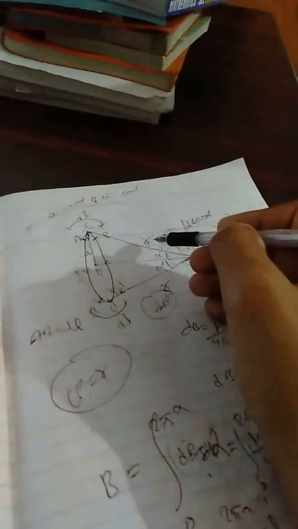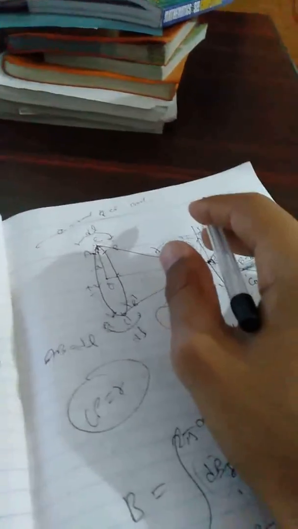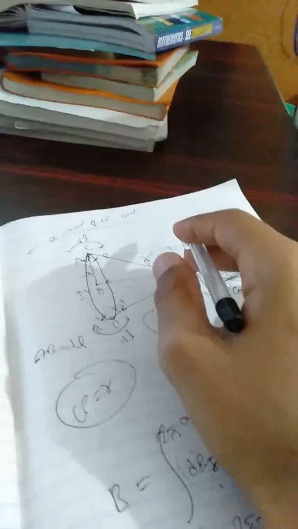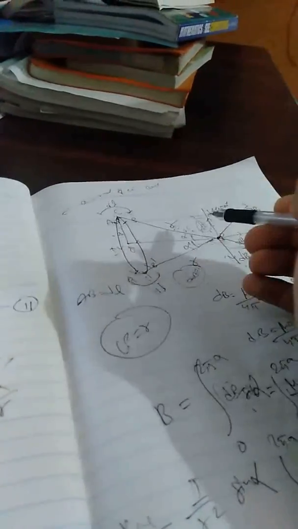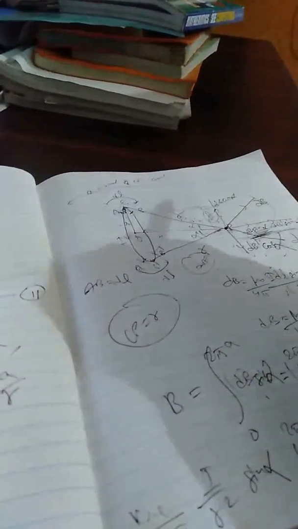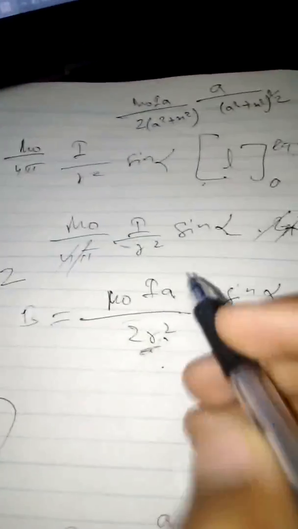Now the value of r. In the same figure we see, using the Pythagoras theorem, r square equals a square plus x square. So we got sin alpha, and now r.